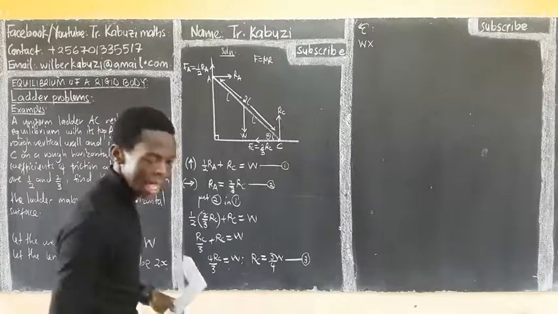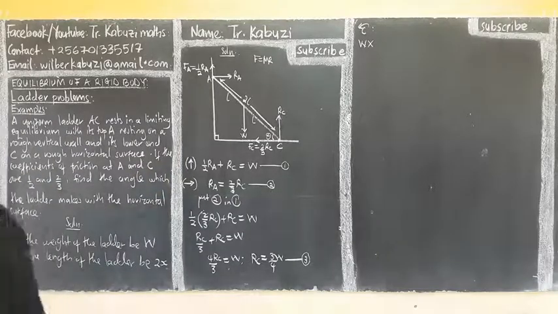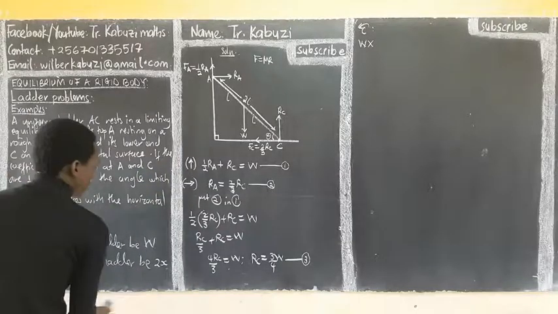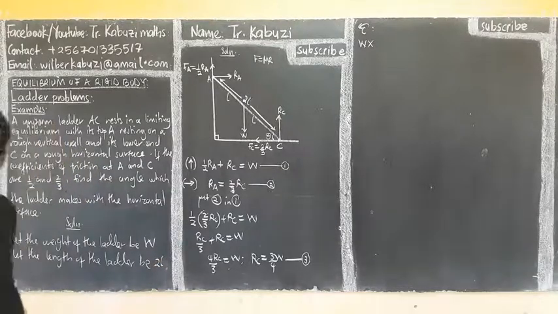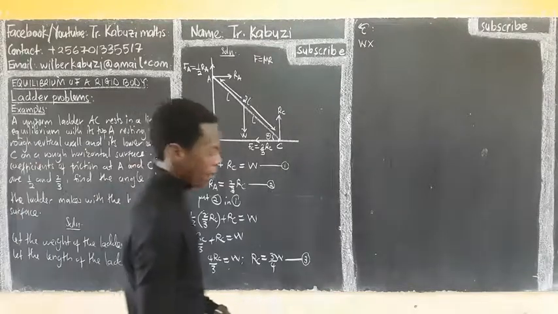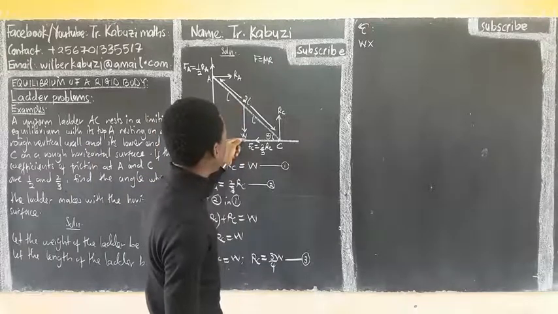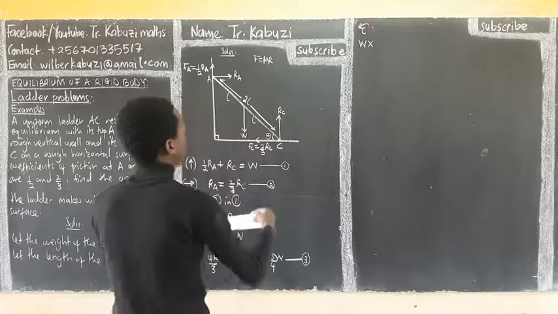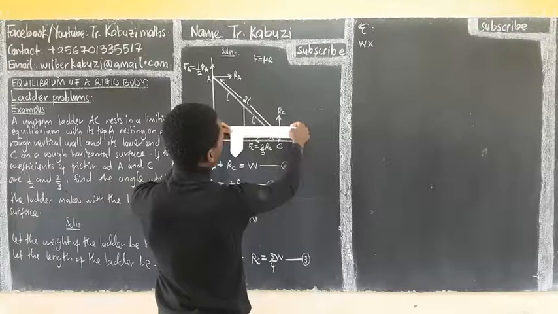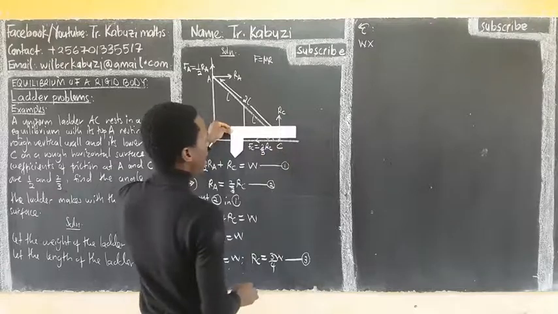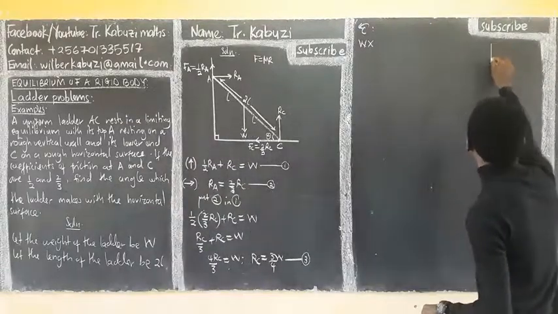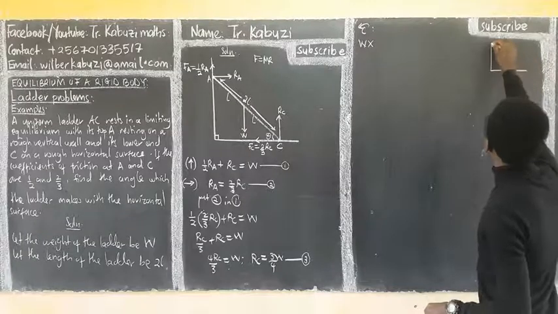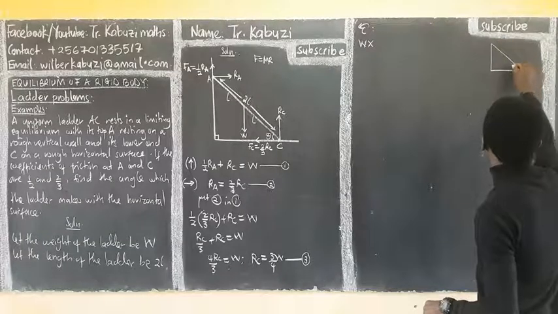So I said here, let our distance be 2L there. Now we need this perpendicular distance, because from C to there, that is going to be our distance. Now I need this from there up there. So there you draw a simple triangle. This is our theta.